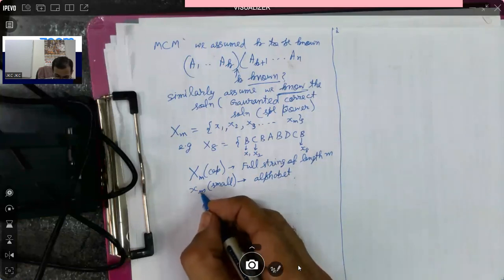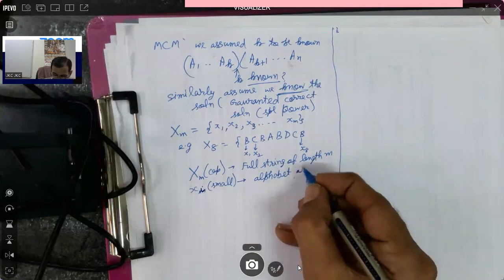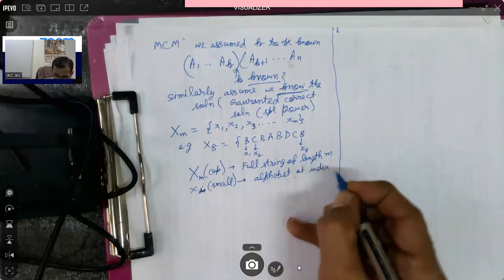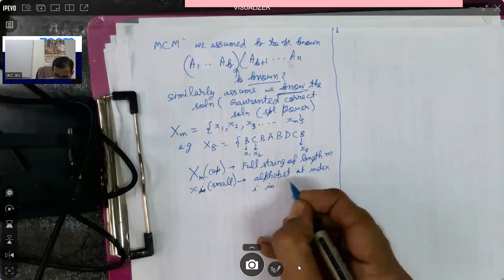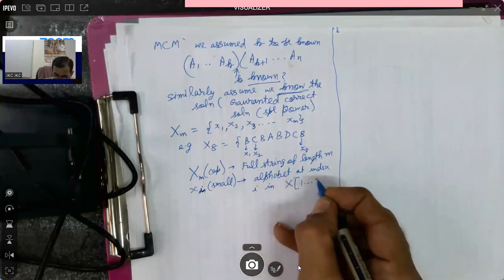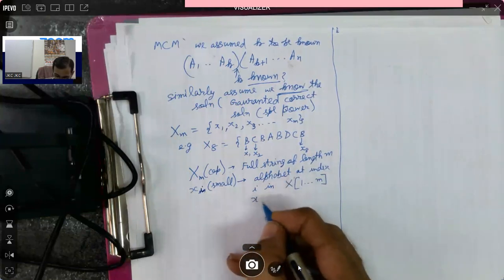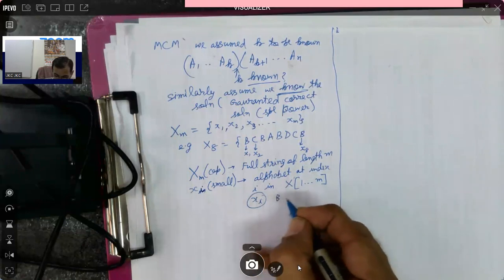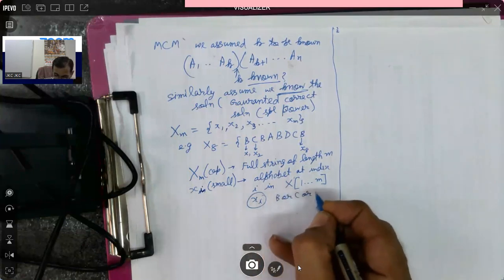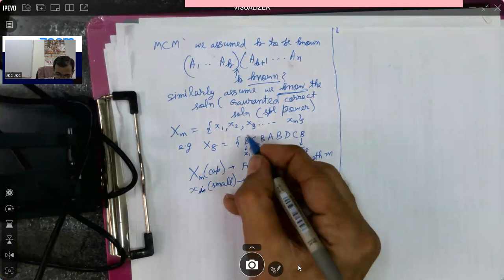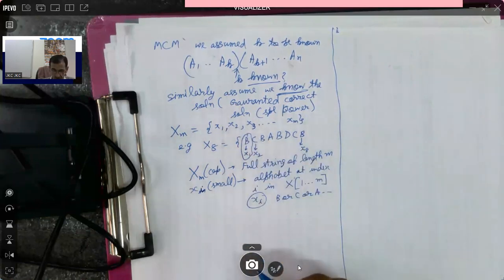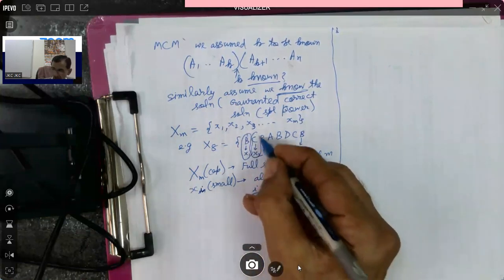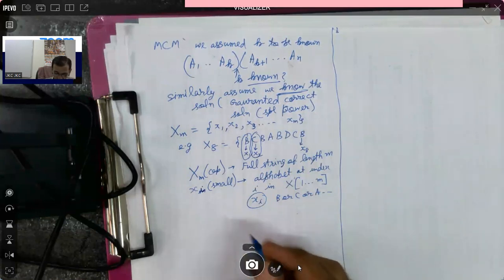Maybe you can say xi, alphabet at index i in X, where i is 1 to M. So effectively xi is either B or C or A, etc. This is what I mean to be used in these situations.